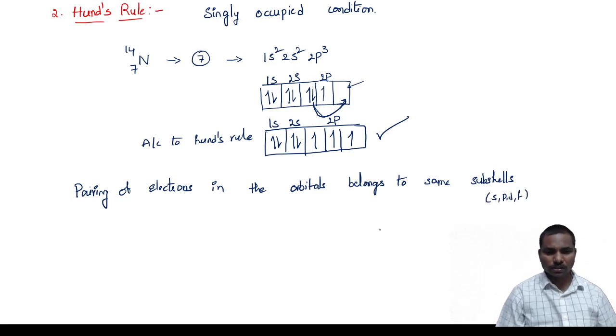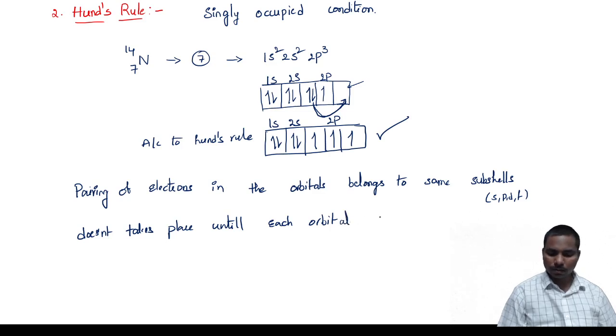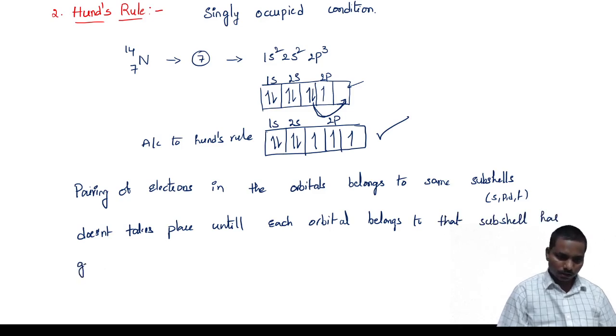Okay, pairing of electrons in the orbitals belonging to the same subshell does not take place until each orbital belonging to that subshell has got one electron each.